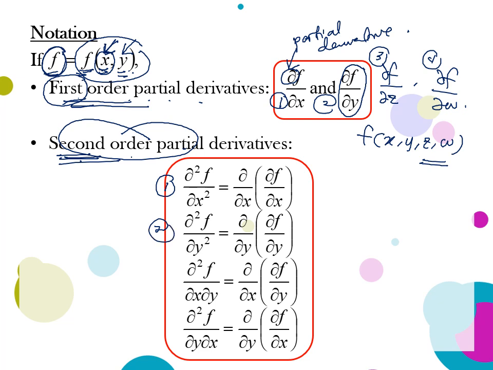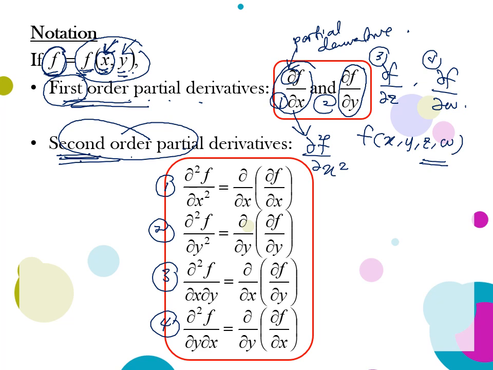1, 2, 3, 4. The first second order partial derivative is when you differentiate f with respect to x two times. The first order is del f over del x, and then you differentiate one more time, and you will get del squared f over del x squared.